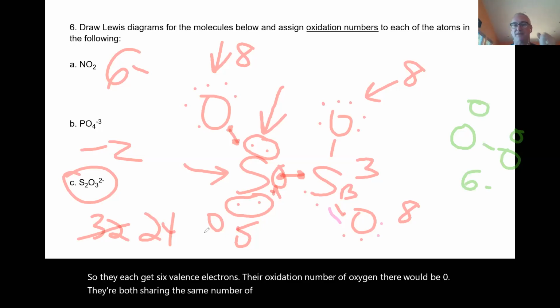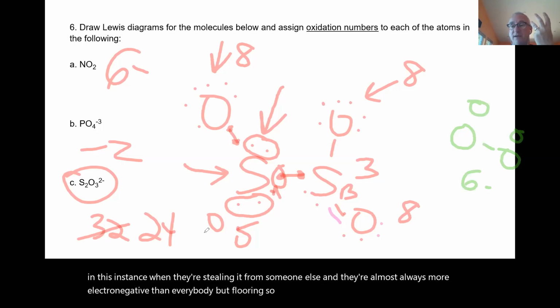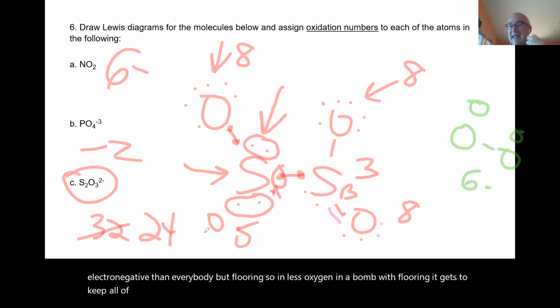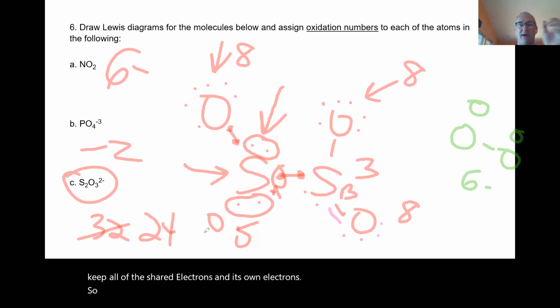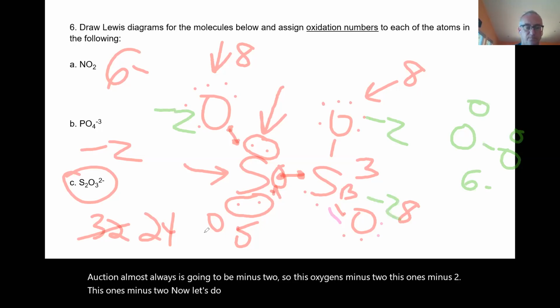But in this instance, when they're stealing from someone else, they're almost always more electronegative than everybody but fluorine. So unless oxygen's in a bond with fluorine, it gets to keep all of the shared electrons and its own electrons. So oxygen almost always is going to be -2. So this oxygen's -2, this one's -2, this one's -2. Now let's do the sulfurs.